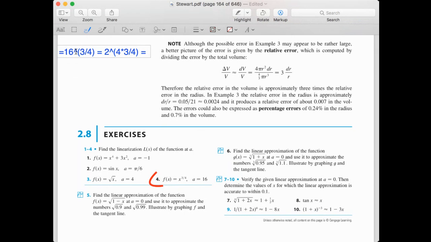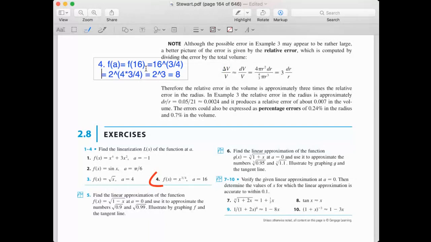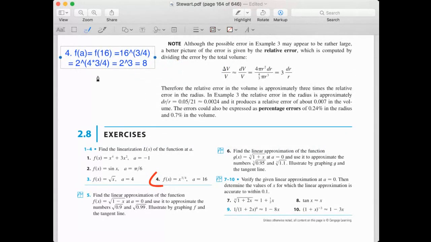That becomes 4 times 3 over 4, which is 3, so it becomes 2 cubed. 2 cubed is 8. So f of 16 equals 8. f of a is a very nice number.